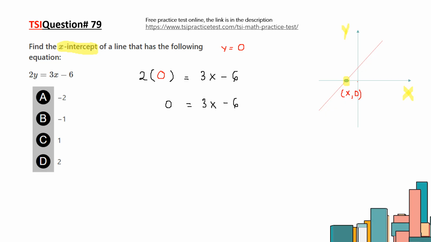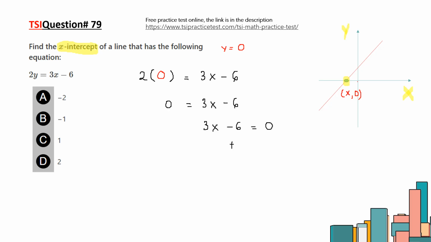You can write it like that, or make it 3x minus 6 equals 0 to look smoother, because usually I have more terms on the left-hand side and make the right-hand side 0. It's the same thing.